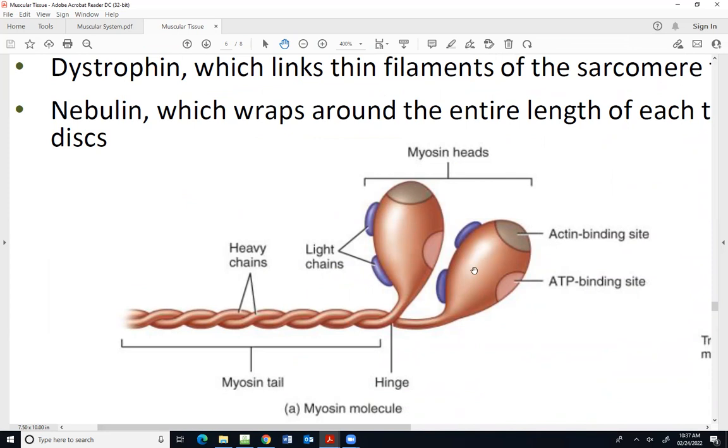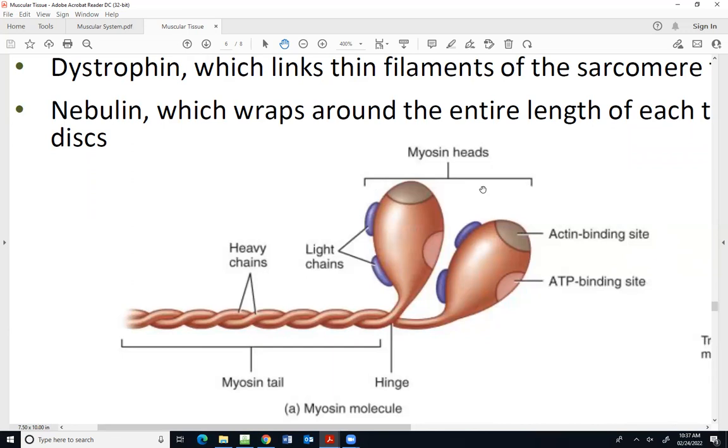Now, it doesn't really do it justice, but these two heads are pointing in directions about 60 degrees away from one another. So they're not pointing directly in the same direction. Think of them like they create a V between the two of them.